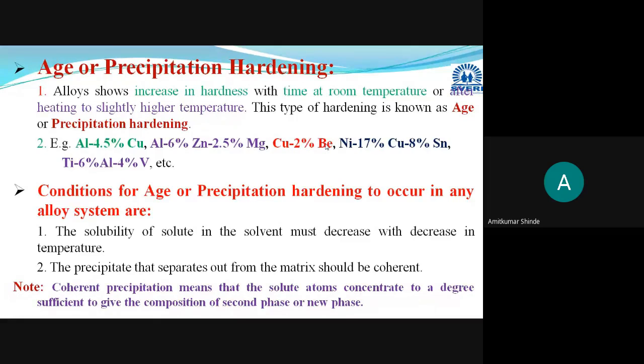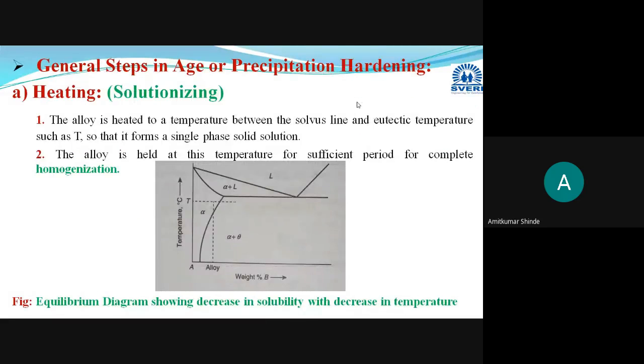What is the condition here? The solubility of the solute in the solvent should decrease with decrease in temperature. I will explain this with the help of this diagram. Here I have taken one general example. From this curve it is clear that whenever temperature is decreasing, in the equilibrium diagram, this type of curve should be there.